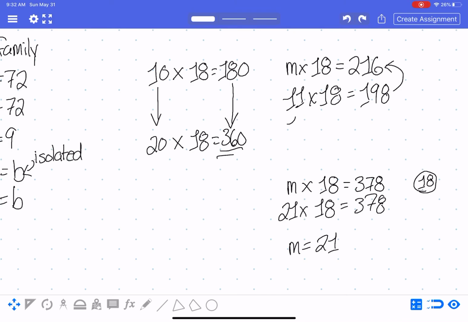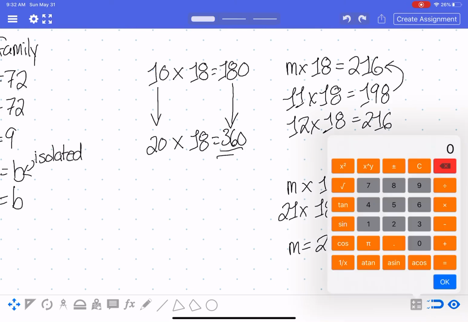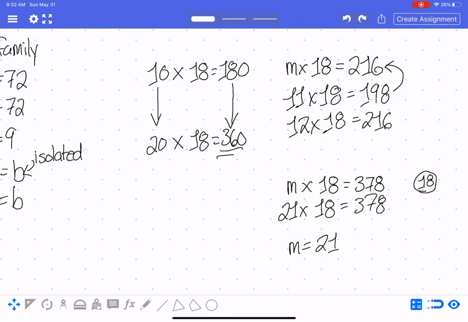So that means that the answer would be 12. So 12 times 18 is 216, right? And I can always just check with a calculator. All right, calculators are fine for that, and I get 216, right? So again, it's a mental strategy. You take what you know to help you come up with a product or an answer that maybe you don't know yet, okay?